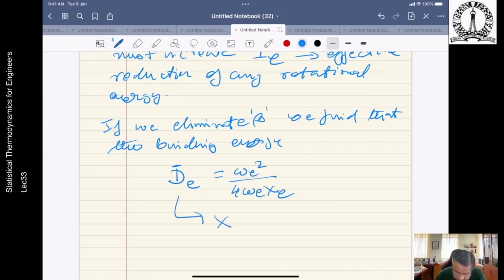This is not the same as dE, which is basically a rotational constant. So we find the binding energy can be replaced by this.